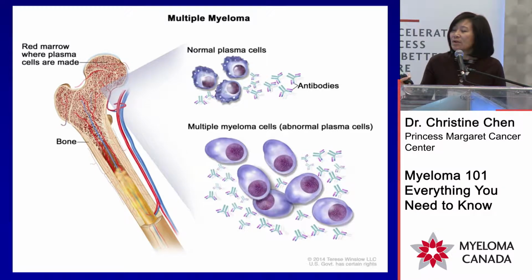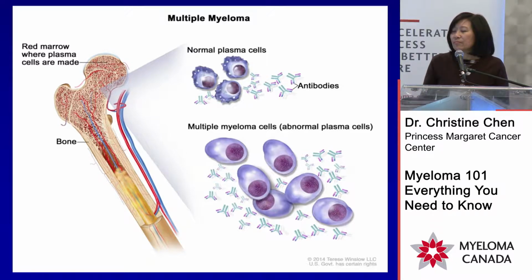On the top there, you can see the little immunoglobulins or antibodies that are made by plasma cells. The focus for those antibodies is to fight off any infectious organisms or any foreign invaders that attack the body. And they make a variety of different kinds of antibodies to try to target all the different invaders that could be seen.